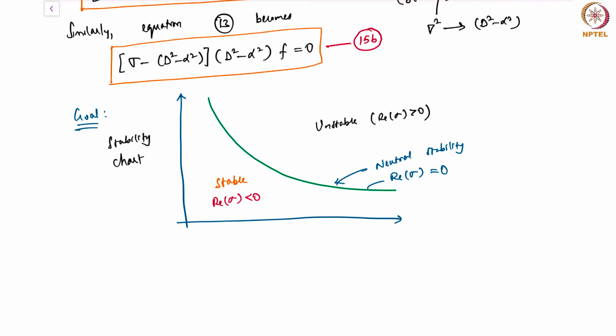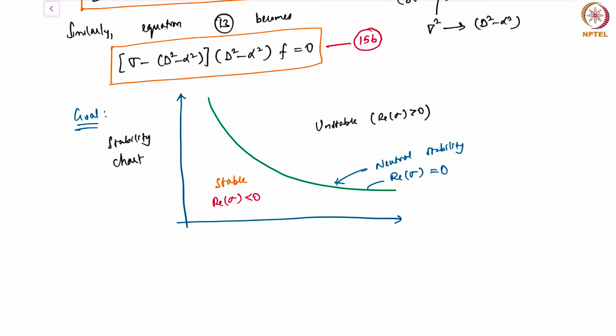The reason I have not specified the axes is because we need to do some more analysis to determine what would be the most appropriate axes to use for this stability chart. But what does a typical stability chart like this tell us?